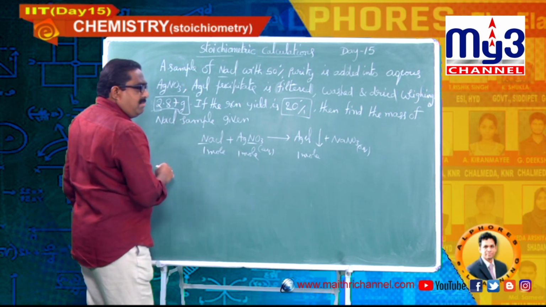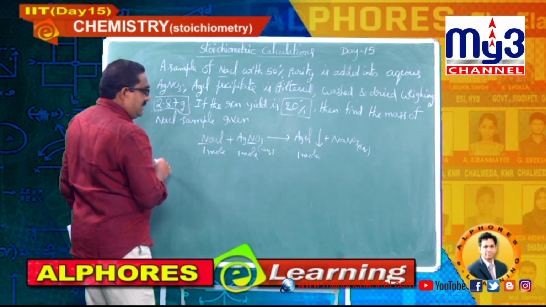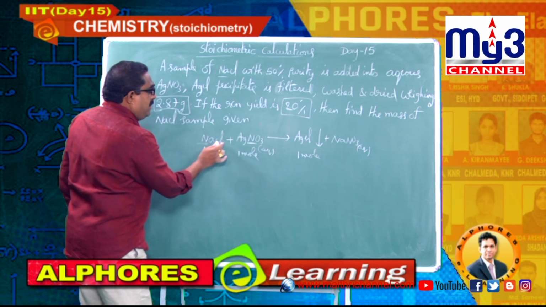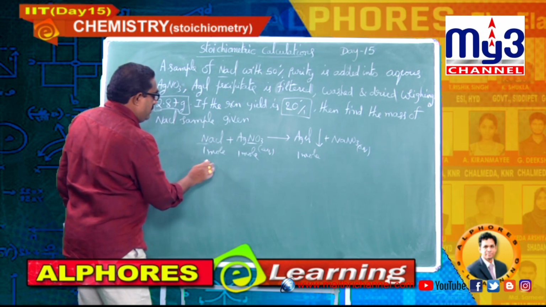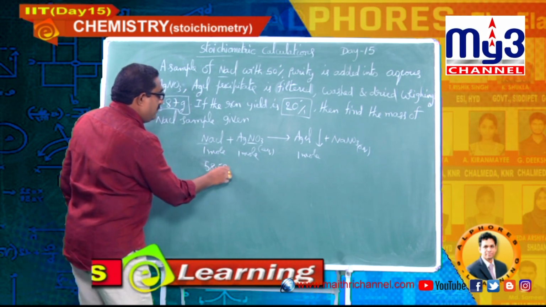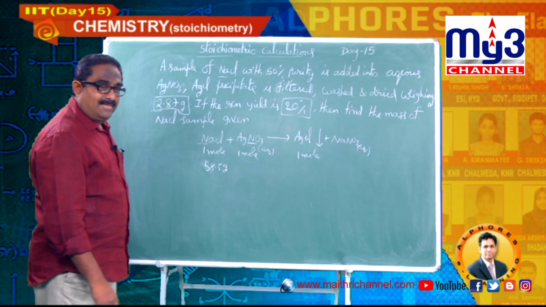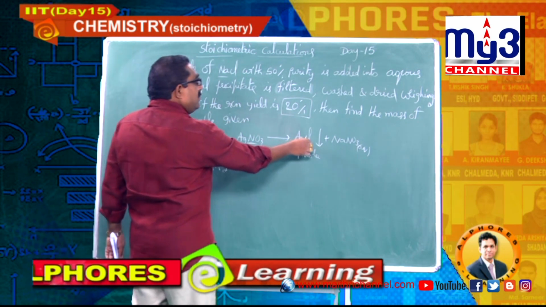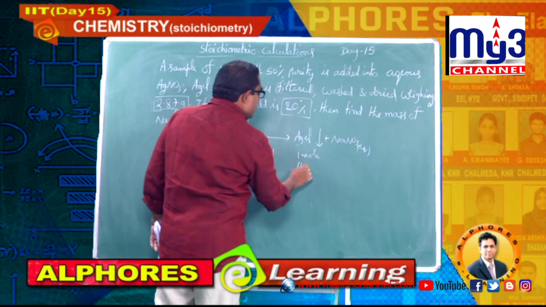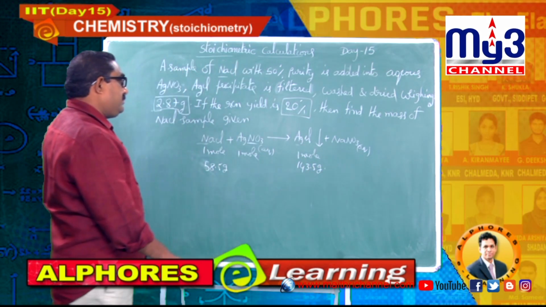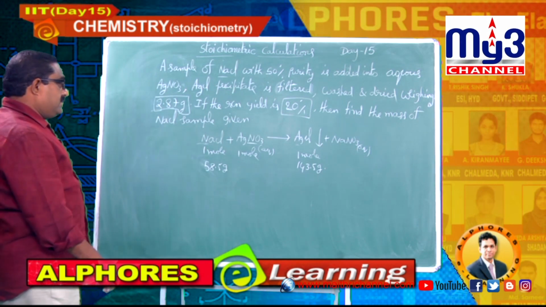Let me convert the moles into masses. Sodium chloride: 23 plus 35.5, that is 58.5 grams. Silver chloride: silver 108, chlorine 35.5, that is 143.5 grams.